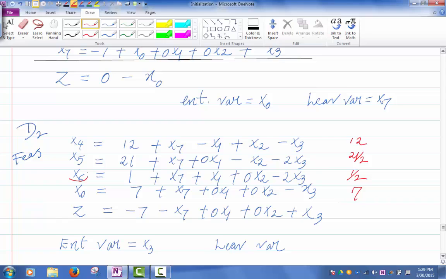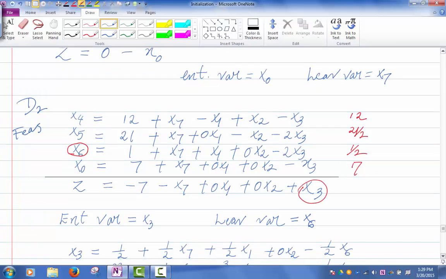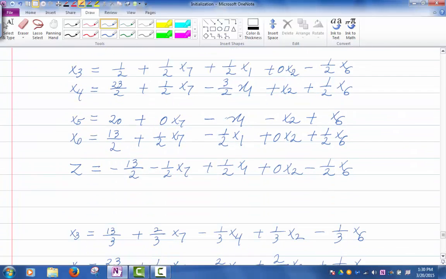So my leaving variable would be x6. So my entering is x3, leaving is x6. Everybody is okay? Okay, so now I am going to write down the next dictionary. This would be D3, right?